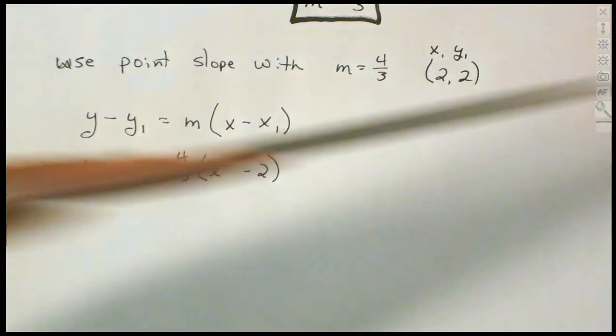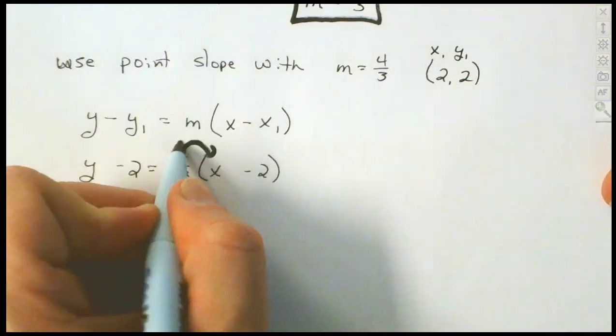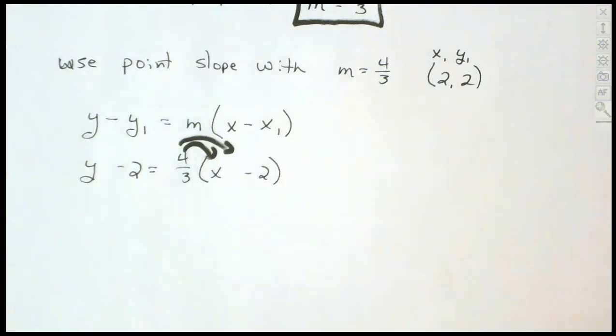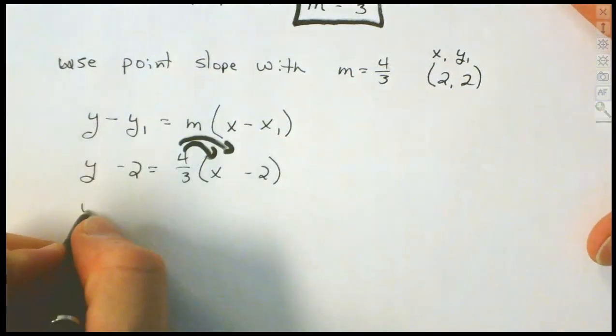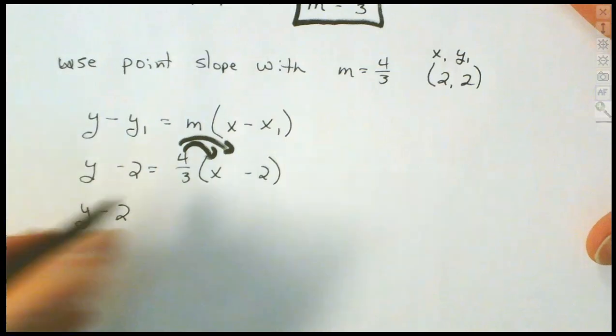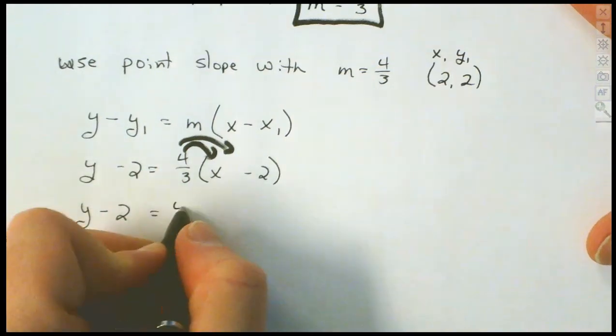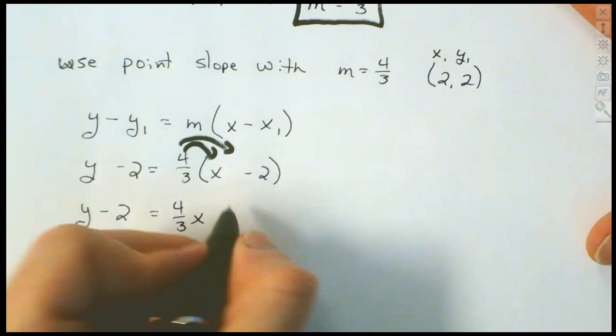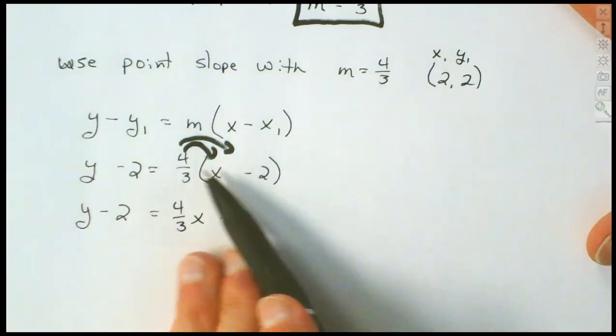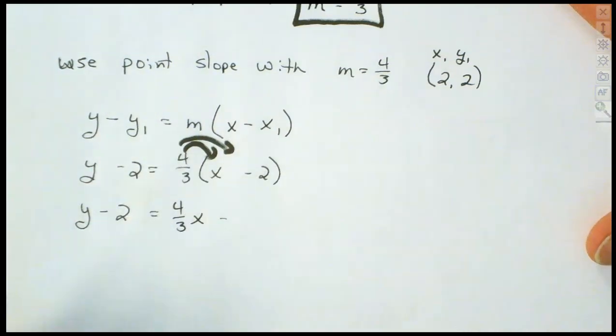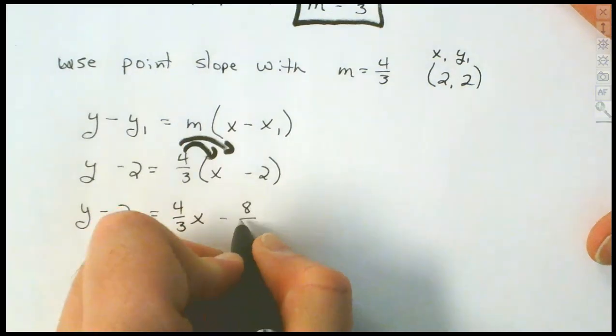Now we're going to finish it by distributing through and seeing what we're left with. So now we're left with y minus 2 equals 4/3 x, and we multiply on the top. 4 times a negative 2, well, that's a negative 8/3.